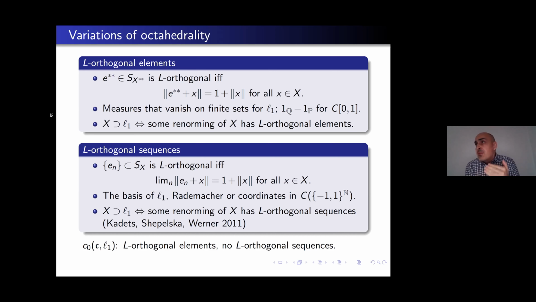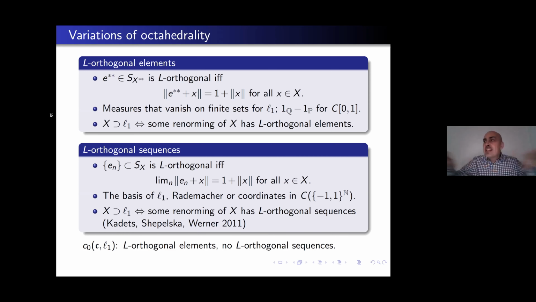Okay, so if we have these two notions in front of us, the natural question is, what is the relation between one and the other? The first observation is that I may have L-orthogonal elements without having L-orthogonal sequences, and the space where such a phenomenon happens is what I wrote there, a c0-sum of uncountably many little ℓ1s, because essentially there is an L-orthogonal element that will live in the ℓ∞-sum, which is the bidual, but it will be like an ℓ∞ element with uncountably many coordinates, and I will not be able to reach this element by a sequence.